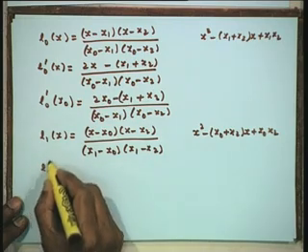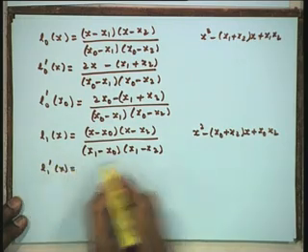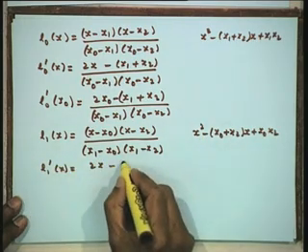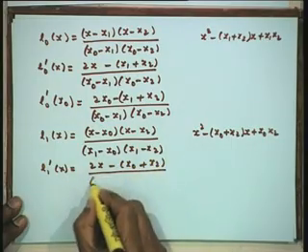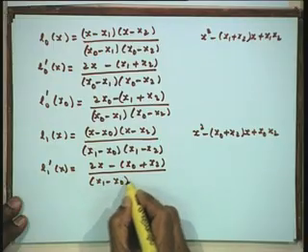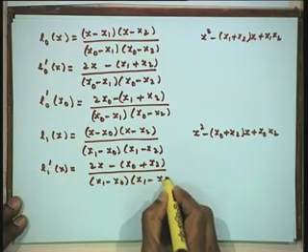Now, let us differentiate this. L1 prime of x is equal to 2x minus (x0 plus x2) divided by (x1 minus x0)(x1 minus x2).